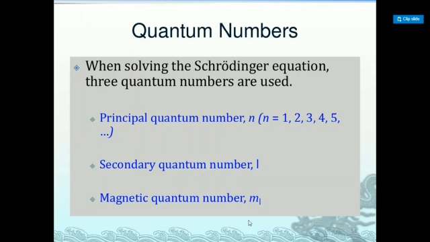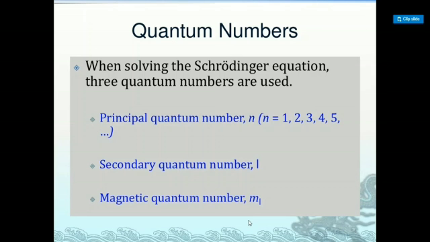Only one subshell is there under the first energy level, that is 0, and it is the s subshell. If n is equal to 2, then l is equal to 0 and 1, because l goes from 0 to n minus 1.